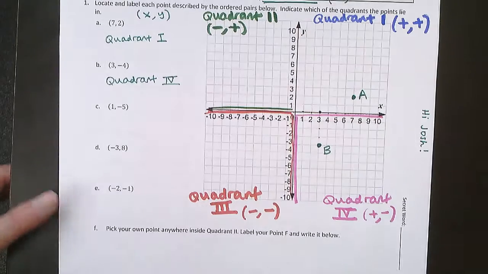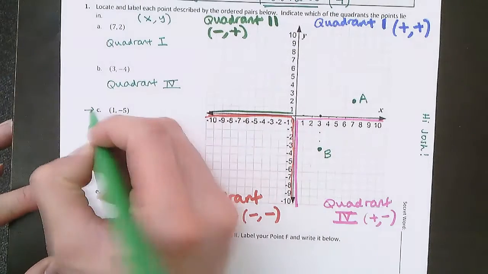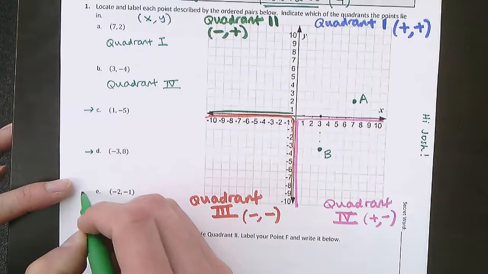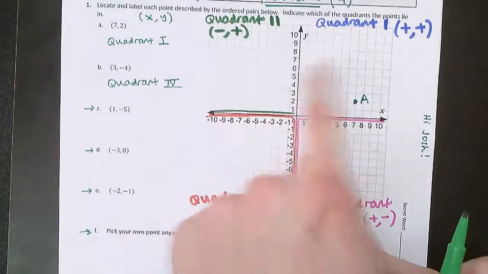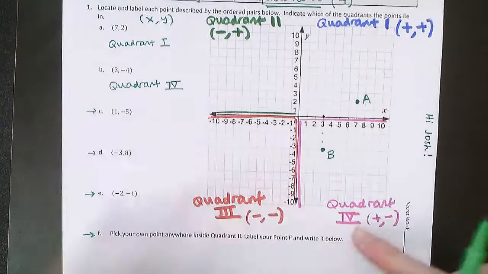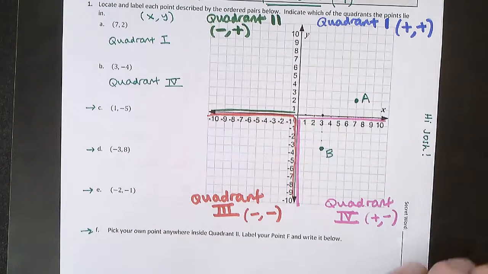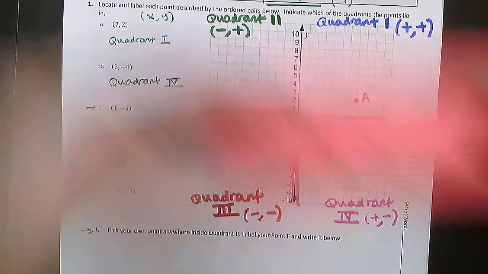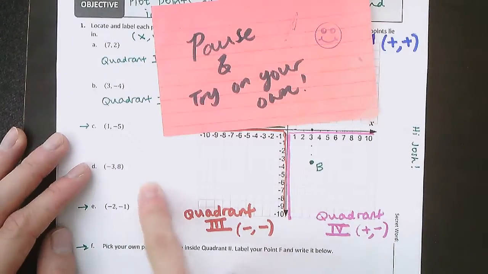Okay. So now that we've done these first two together, I want you to do the rest of these, C, D, E, and F. Put all of these points on this coordinate plane and then identify what quadrant they are in. So you are going to pause and then try the rest of this on your own.